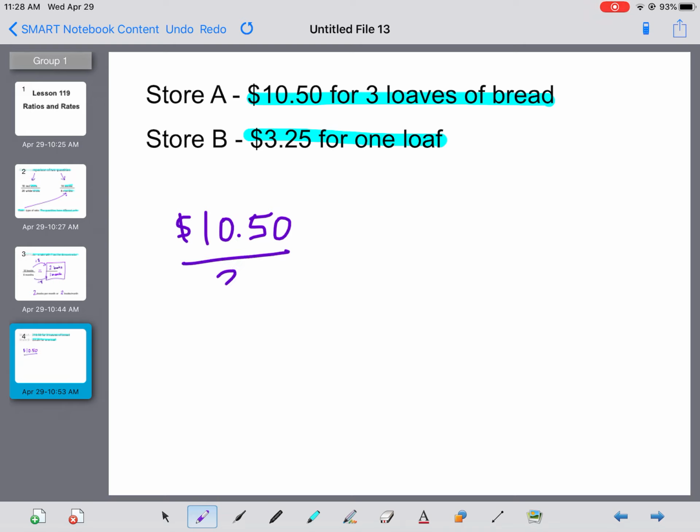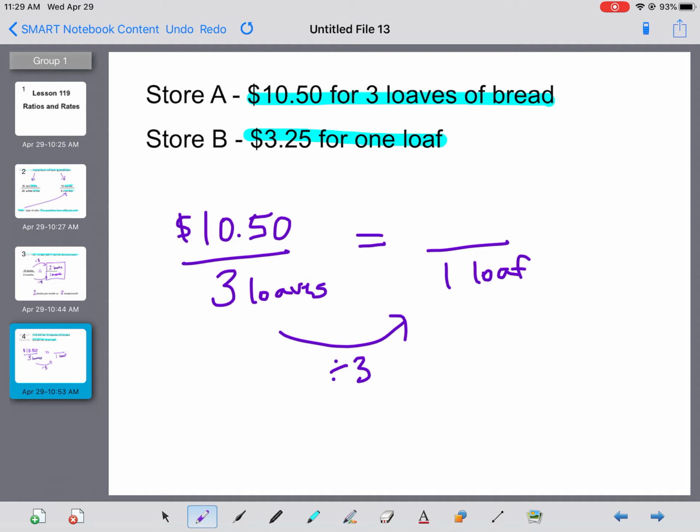Our rate here, so we've got $10.50 for 3 loaves. All right, and we want to know what would that be per loaf. So what would that be for 1 loaf of bread at store A? And you follow the exact same steps as we did last time.